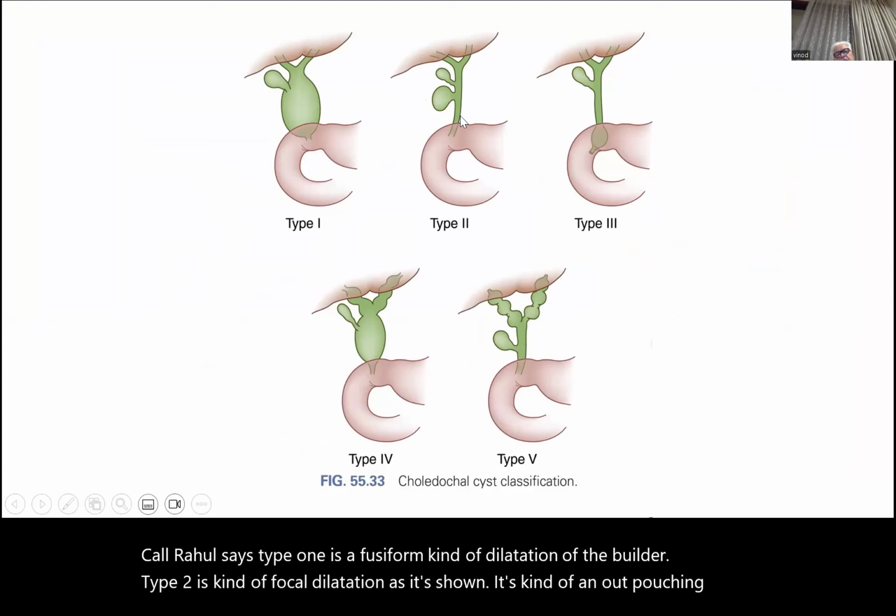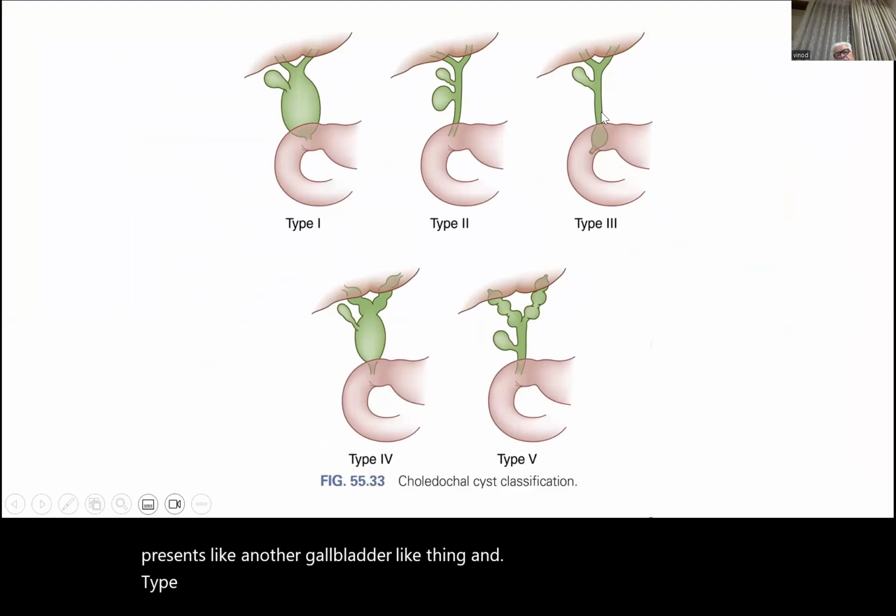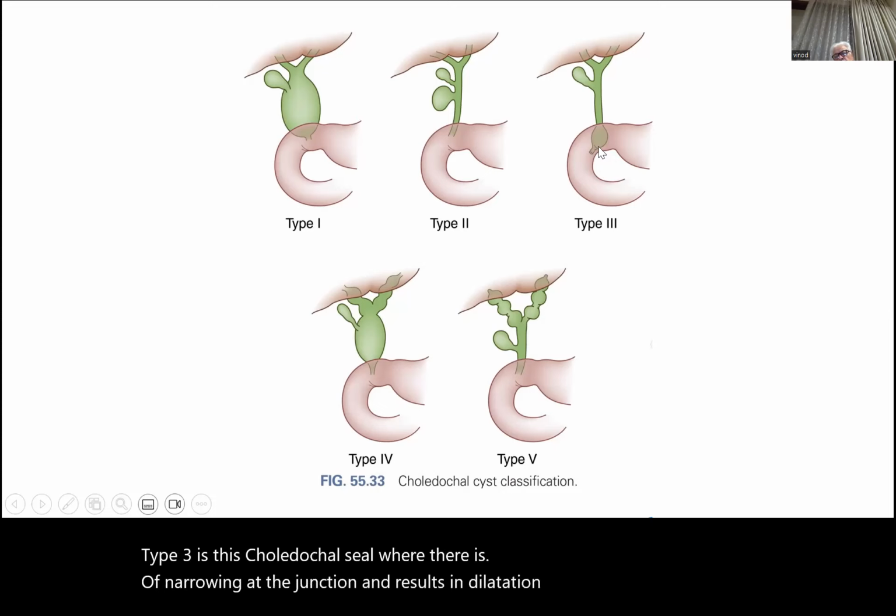It presents like another gallbladder-like thing. And type 3 is this choledochocele, where there is narrowing at the junction and it results in dilatation of the choledochocele.